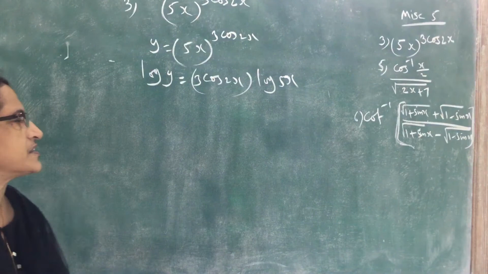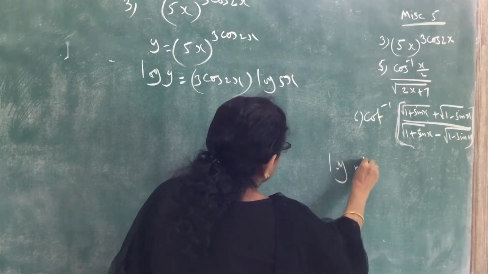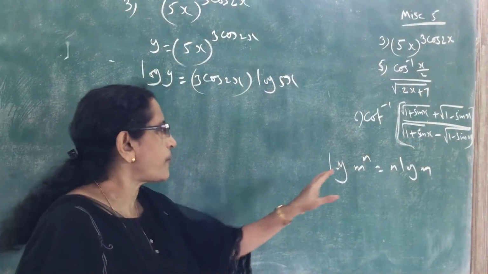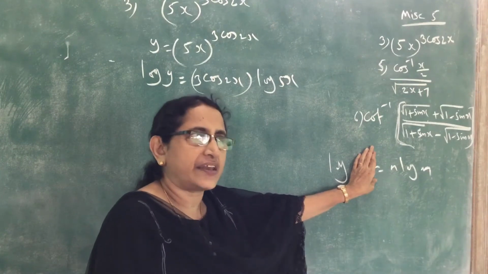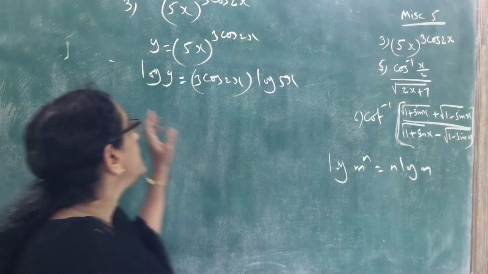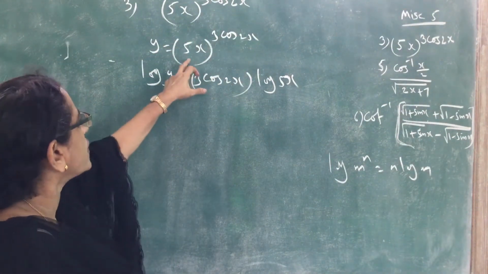This is the rule: log m raised to n equals n log m, so first write the power n into the logarithm of m. So here first write power 3 cos 2x, then write log 5x.